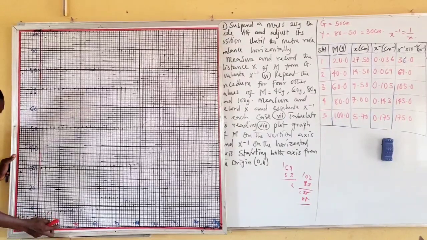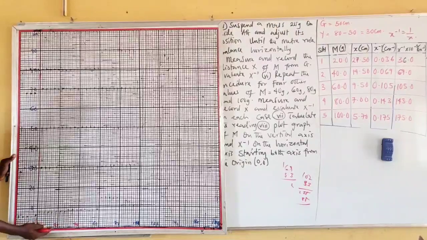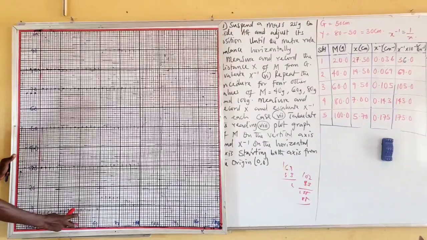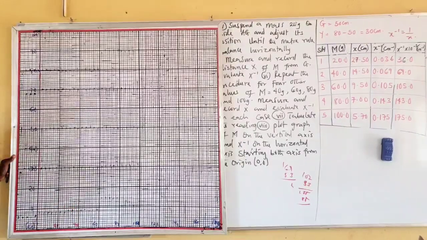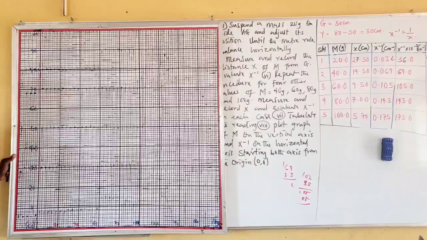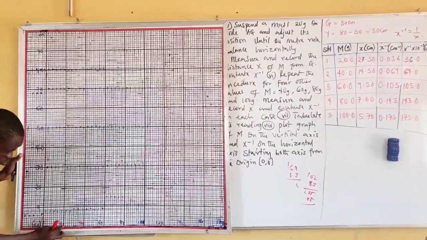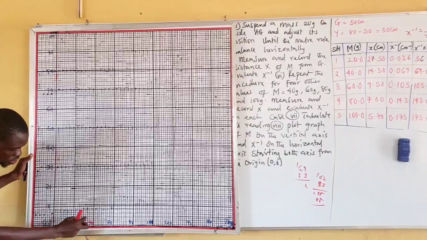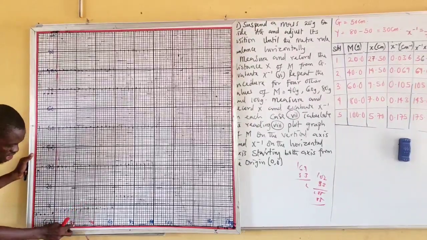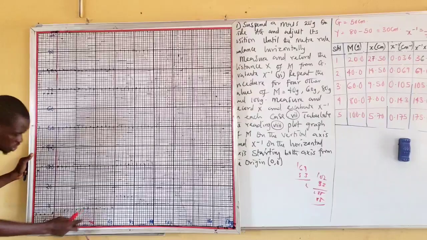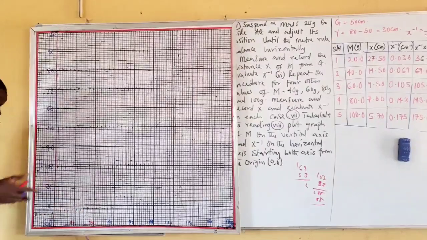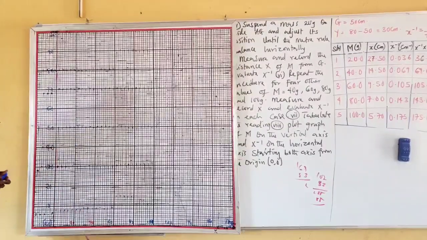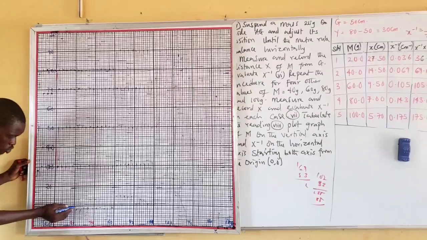So to know what each box represents, that is 20 divided by 10 boxes, which gives us 2.